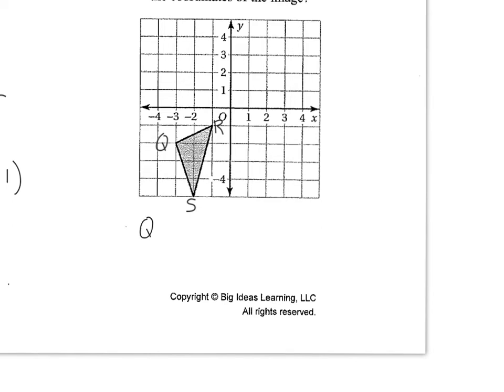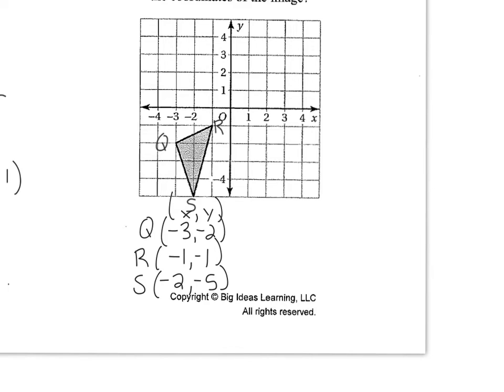So the ordered pair for Q is (-3, -2). R is (-1, -1). And S is (-2, -5). Again, the ordered pair is the x, y value.